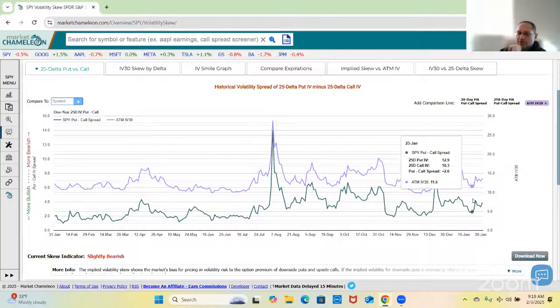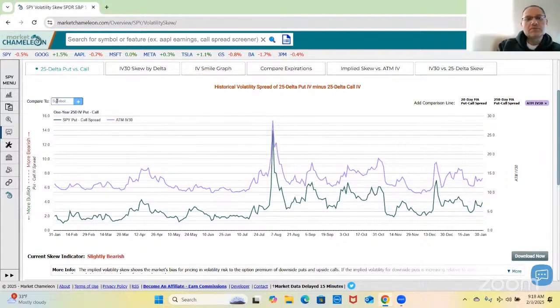Let's say we wanted to compare the skew of SPY to a different product, to see how they correlate to each other visually and where they are now. We could type in the skew here, say of QQQ, and click on that.